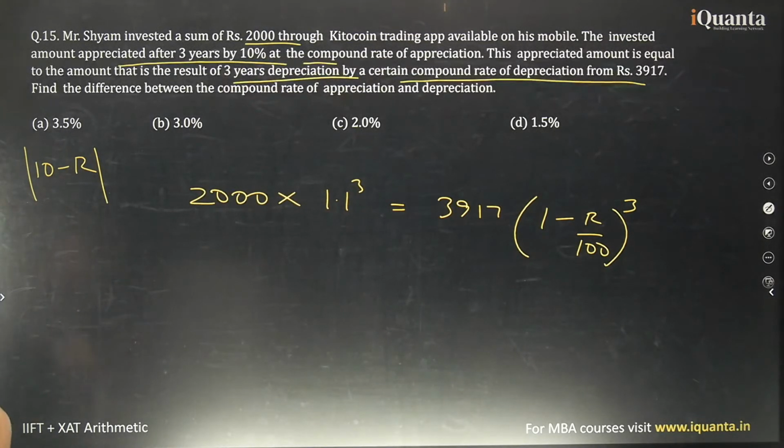What do you get here? Something close to 12, then 2% is the answer. Okay, 2% has to be the answer then.